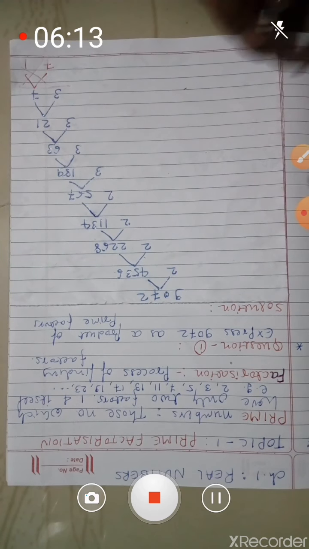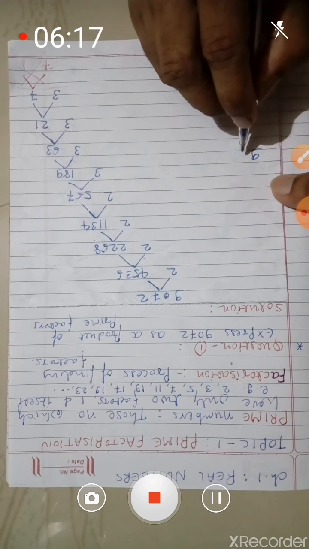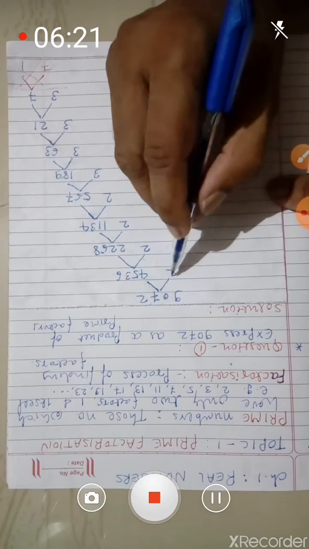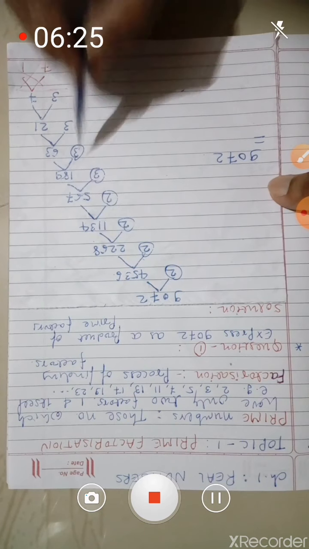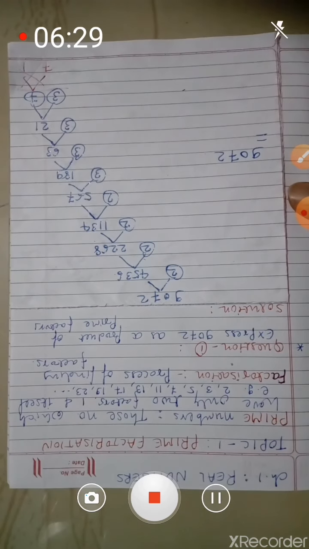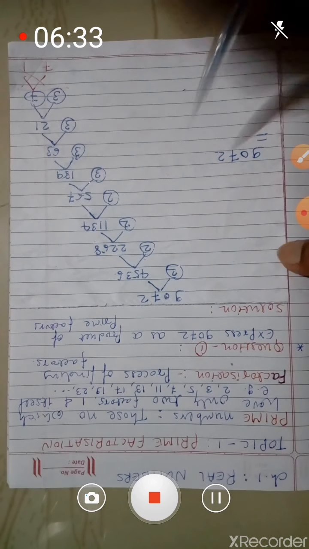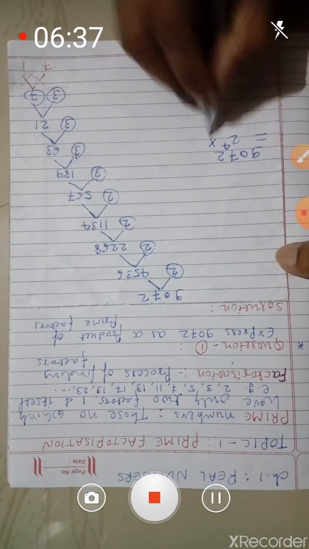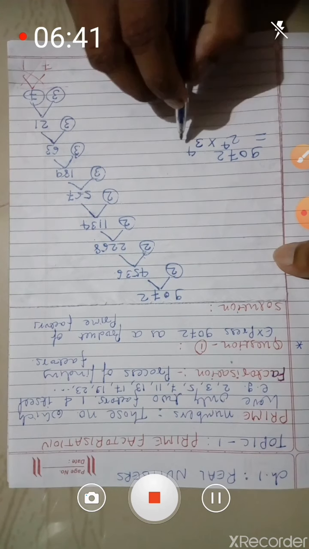Now how to write the prime factorization of the given number. 9072 equals, all these factors should be included: all the left side numbers, and at the last step both numbers. Here 2 appears 4 times, so 2 raised to 4, 3 again 4 times, so 3 raised to 4, and 7.